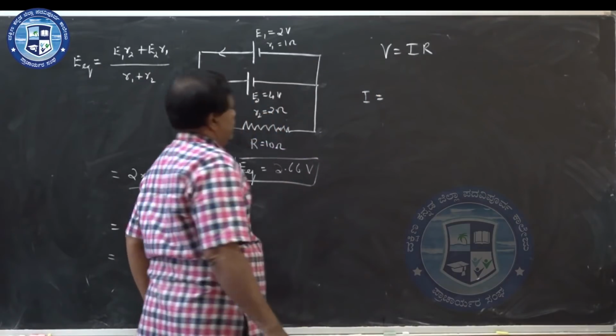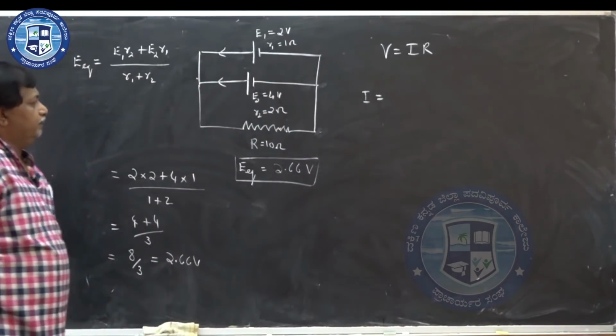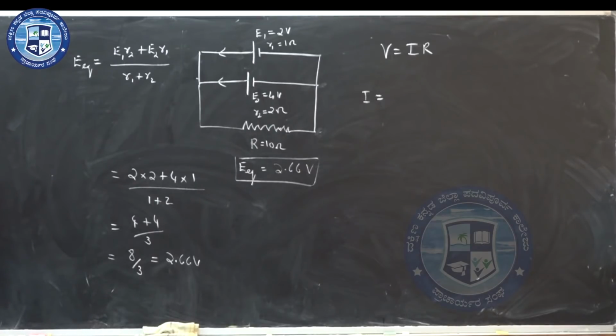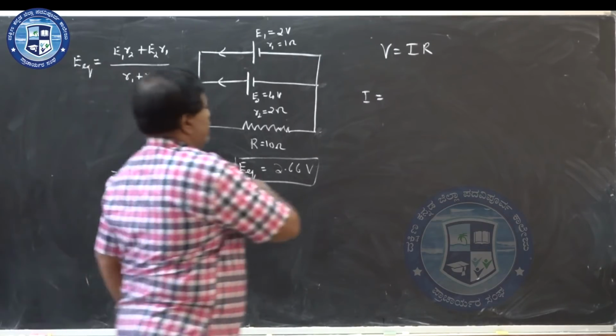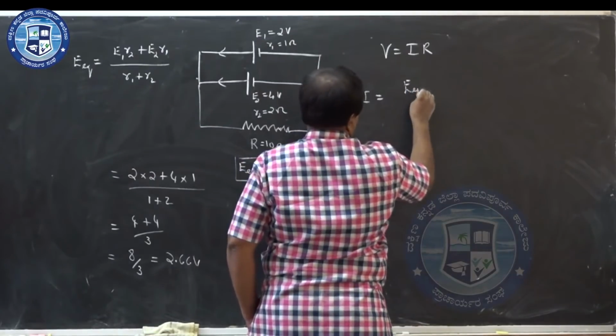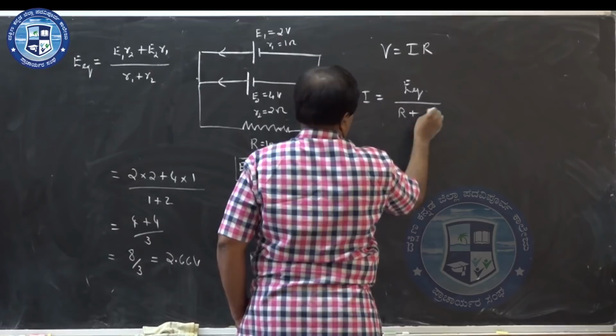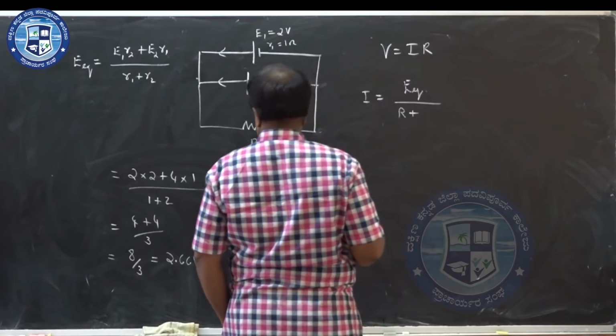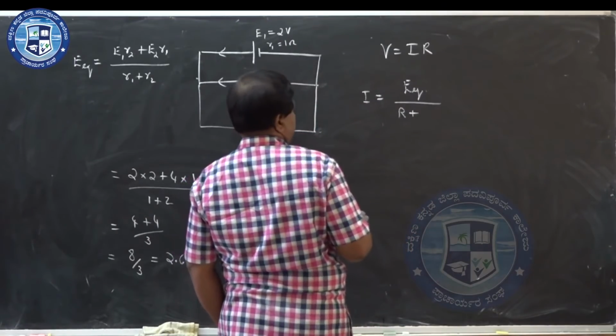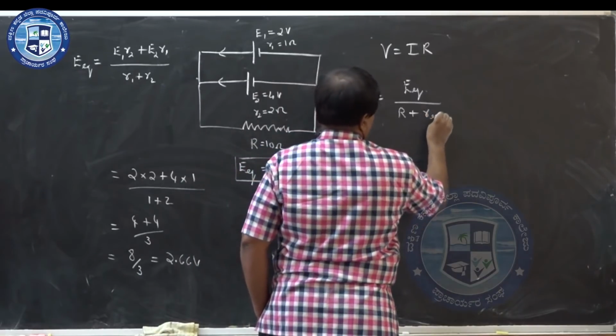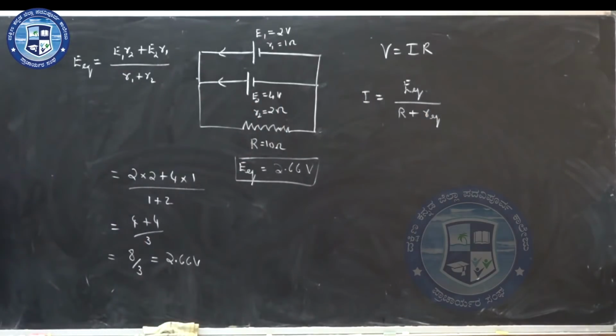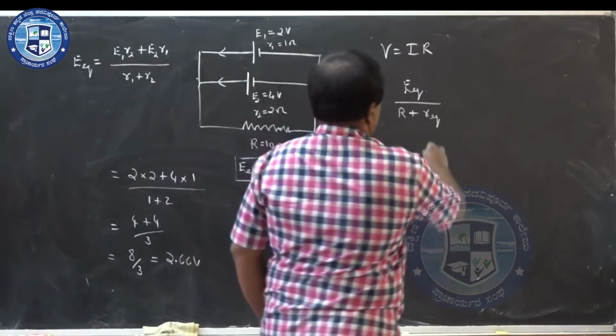I is equal to E equivalent divided by R plus R equivalent.